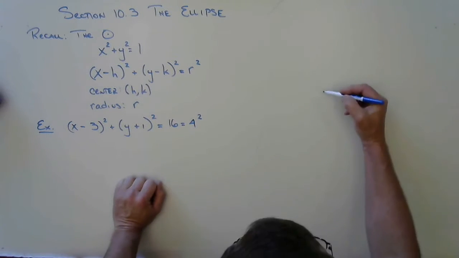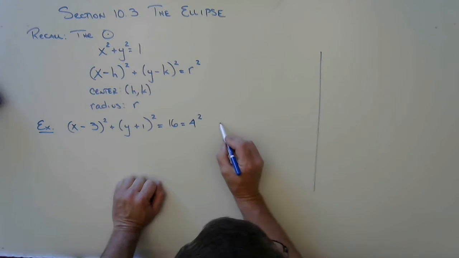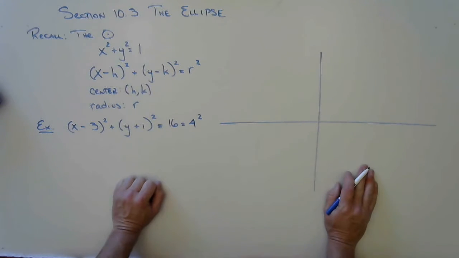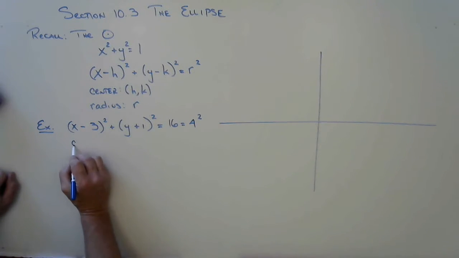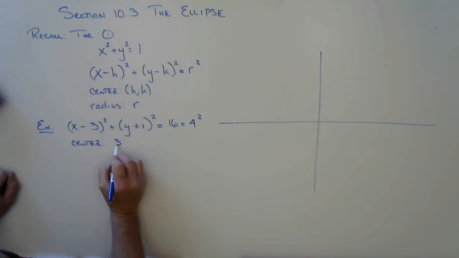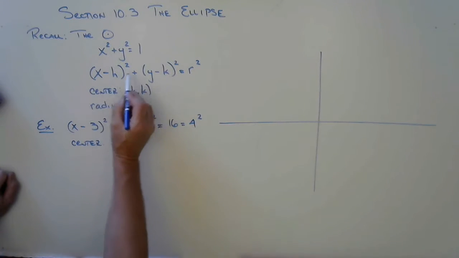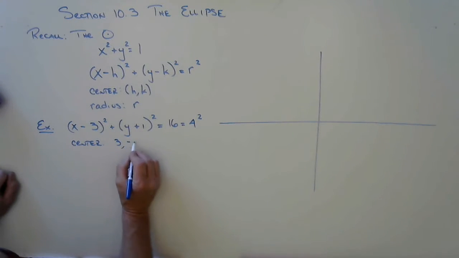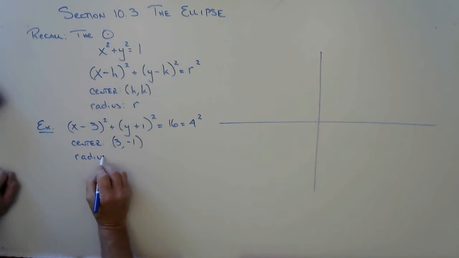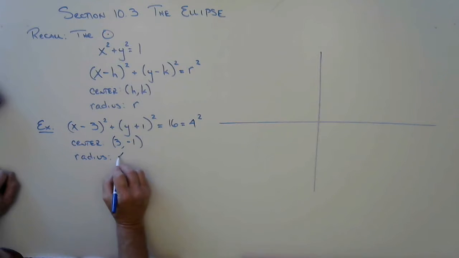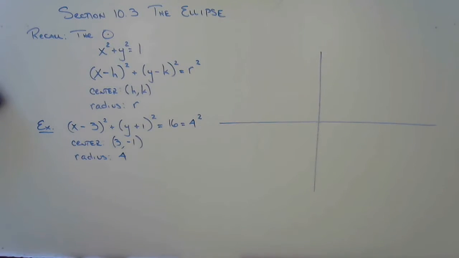So if we had to draw this circle back in chapter 1 of our pre-calc book, we did problems just like this. We said our center is (3, -1), positive 3 because the minus is in the formula, and negative 1, and our radius was 4, right? 4 squared is 16.